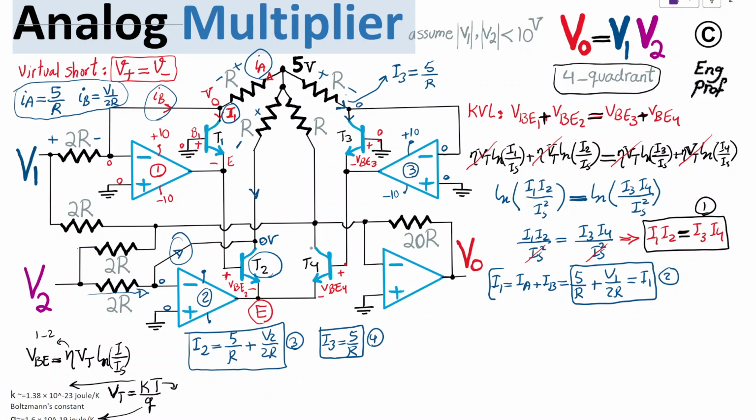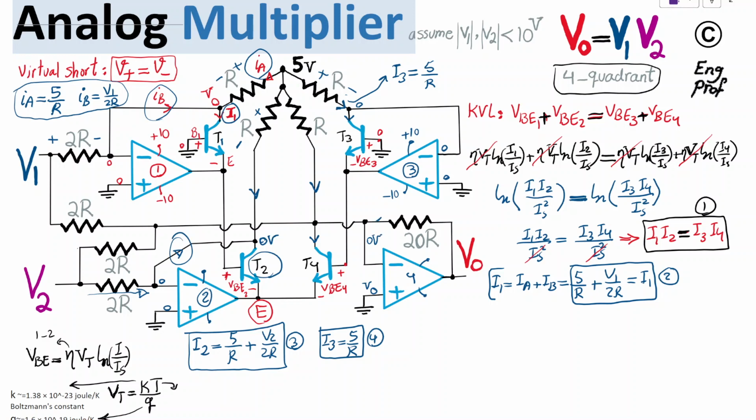Lastly, for I4, this current is a little bit involved because it has a couple of components contributing to it. So we have one here, which is obviously for the same reasons discussed, because op-amp 4 is properly biased, plus minus 10 volt supply nominally, and therefore virtual short valid, positive terminal is 0 volt, and therefore negative terminal is 0 volt as well. So here we have 0 volt.